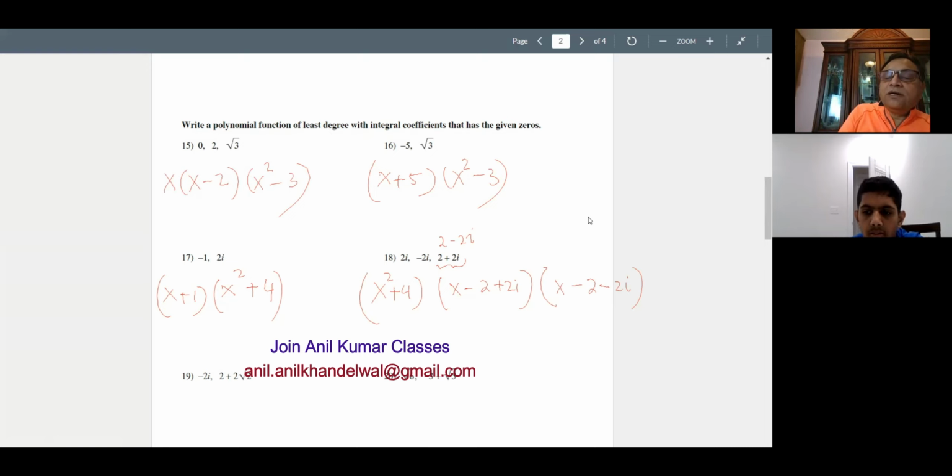So when you expand this, what do you get? Try to do this. Expand this, simplify. So you could group them like this. Do you understand? So a squared minus b squared. So you get x minus 2 whole squared minus 2i whole squared. Now you expand: x squared minus 2ab, which is 4x, plus 4, minus 4 i squared will give you positive.